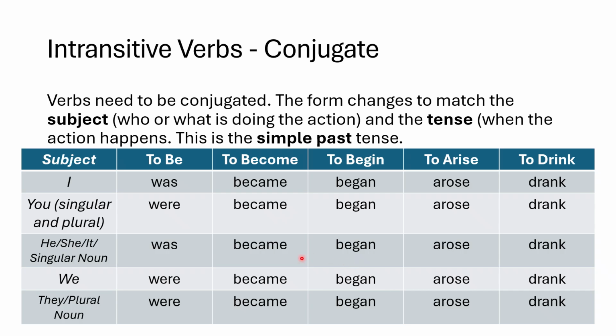It began. We began. They began. I arose. You arose. He arose. She arose. It arose. We arose. They arose. I drank. You drank. He drank. She drank. It drank. We drank. They drank.